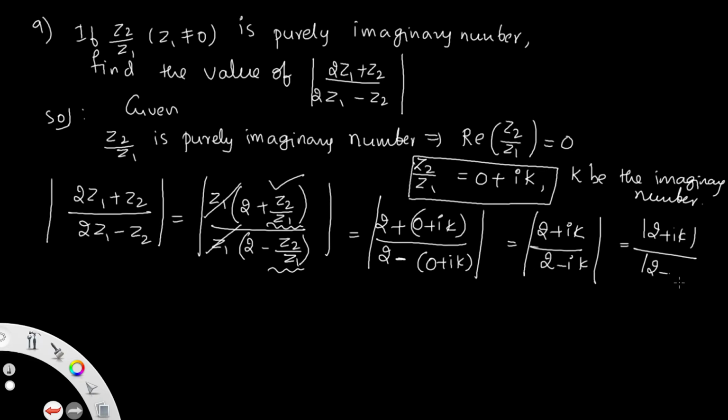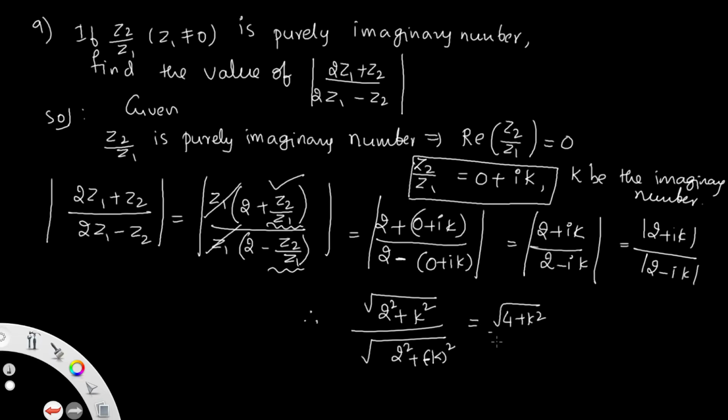The formula for modulus is root of x square plus y square, so root over 2 square plus k square by root over 2 square plus k square, taking only the coefficient of i, which is plus k here and minus k there. So root over 4 plus k square by root over 4 plus k square. The whole term will be cancelled, and you get the value 1.